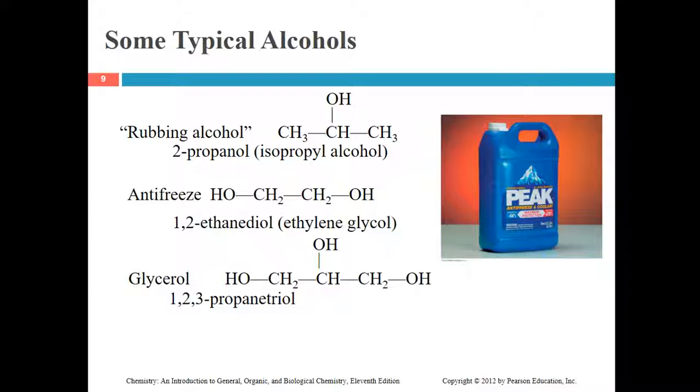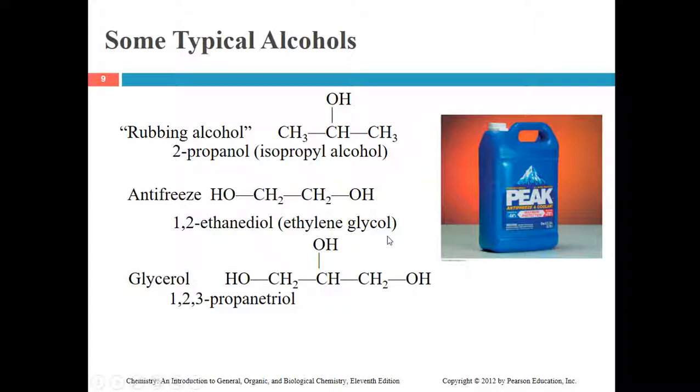Now, antifreeze is made up of an OH on both carbons, and so the IUPAC name tells us that we're going to have an alcohol on carbon 1 and an alcohol on carbon 2, and that we have 2 of those, so that's the diol, 1,2-ethanediol. However, again, when you're looking at the ingredients on your antifreeze, it'll probably just say ethylene glycol.